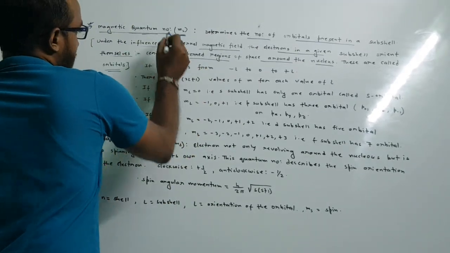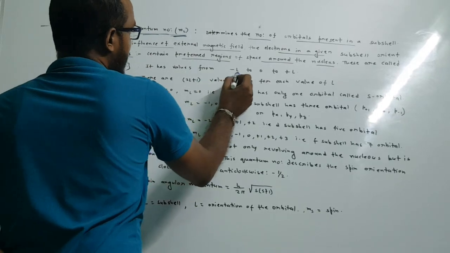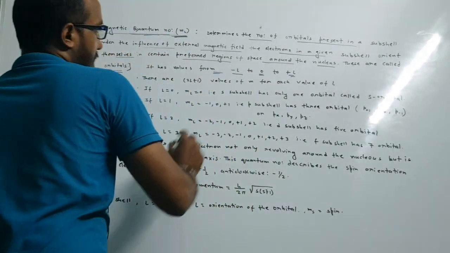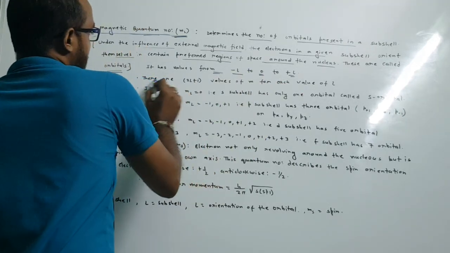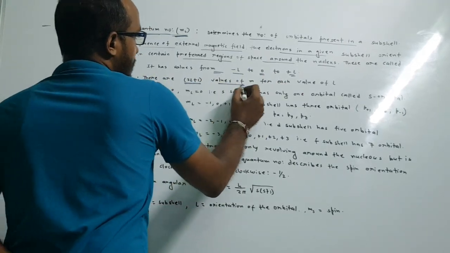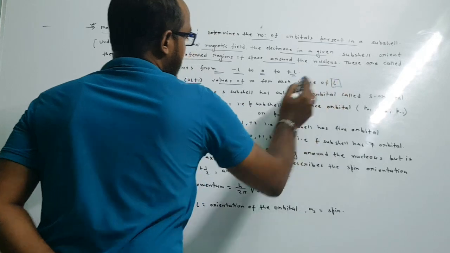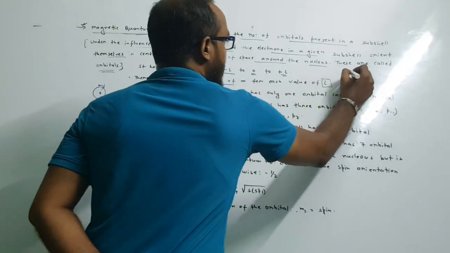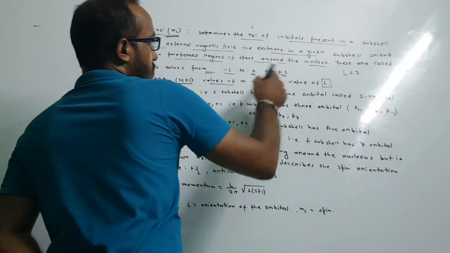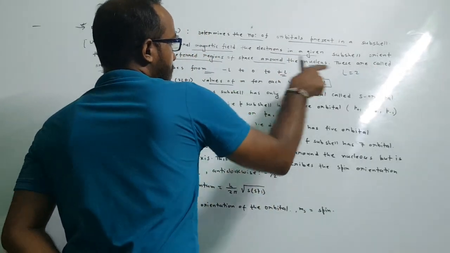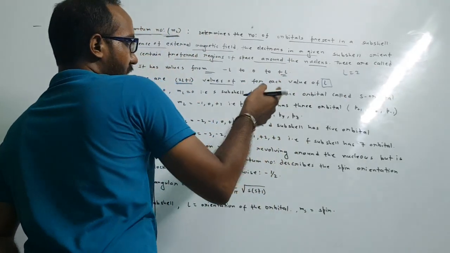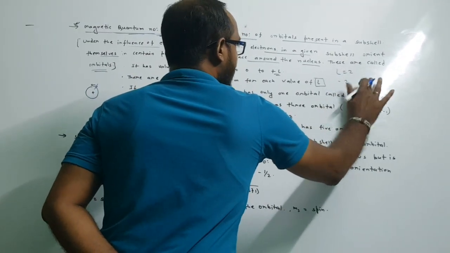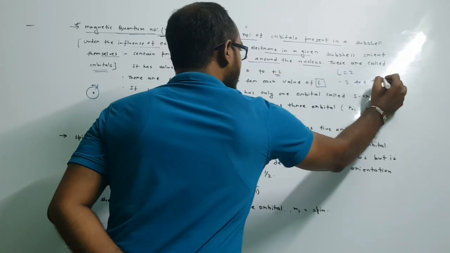Now this magnetic quantum number m has values from minus L to 0 to plus L, and it has 2L plus 1 values of m for each value of L. If you are given some value of L, let us say L is 2, then our m values would be from minus 2 to 0 to plus 2.